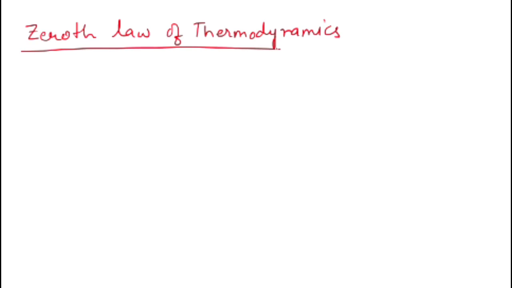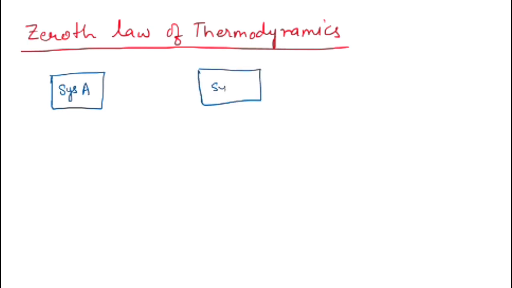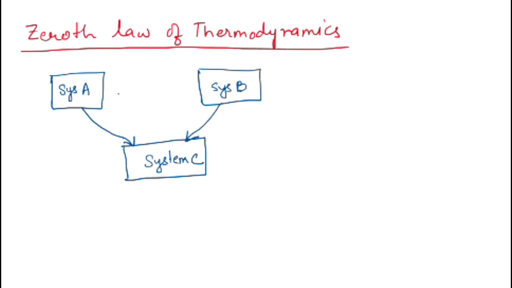Now we'll discuss the zeroth law of thermodynamics, which is based on thermodynamic equilibrium. Let us consider three systems. The first system is A, the second system is B, and there is a third system, system C. Now system A and system C are in thermal equilibrium, and system B and system C are also in thermal equilibrium separately.